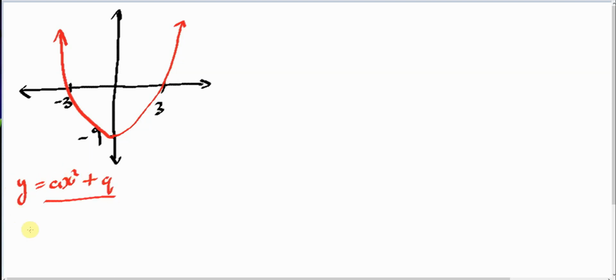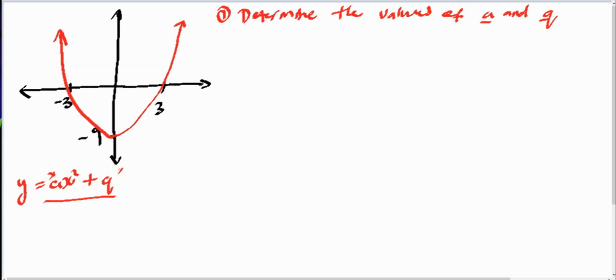And then we have the following questions. One, determine the equation, or you can just say determine the values of a and q. So this means that we need to know the values of a and q from the diagram. Number two, maybe I ask another question: write down the range of the function as well.